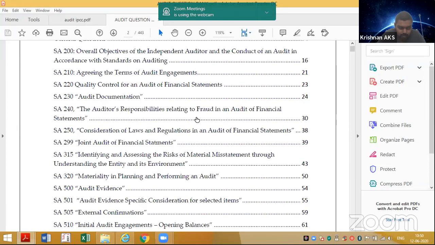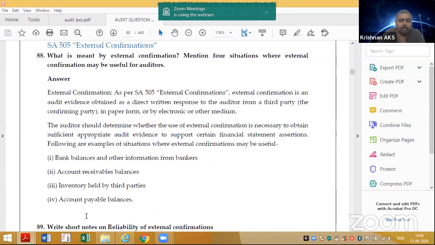So for example, when we are doing external confirmation, what kind of questions? What is meant by external confirmation? Mention 4 situations where external confirmation may be useful. So that you have to write bank, and all.